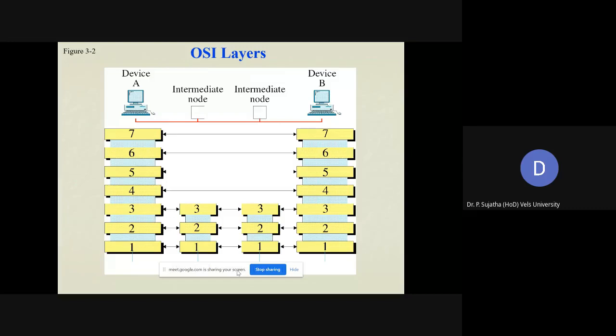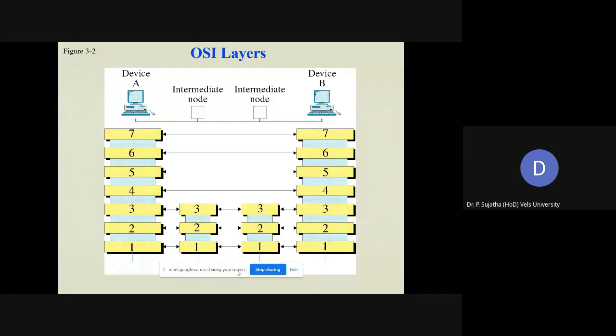Suppose I am device A, and I am going to transmit a message to you: good morning. This is the message I want to communicate to you. The message good morning will reach the seventh layer of device A first. Understood or not?